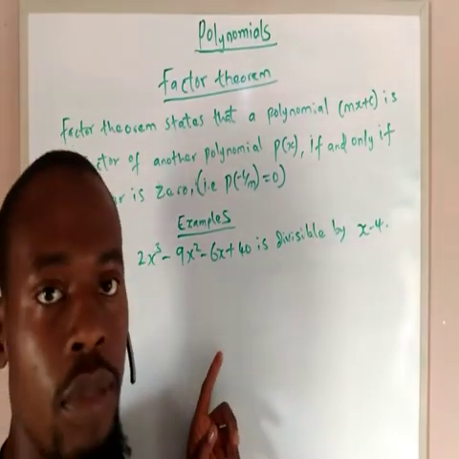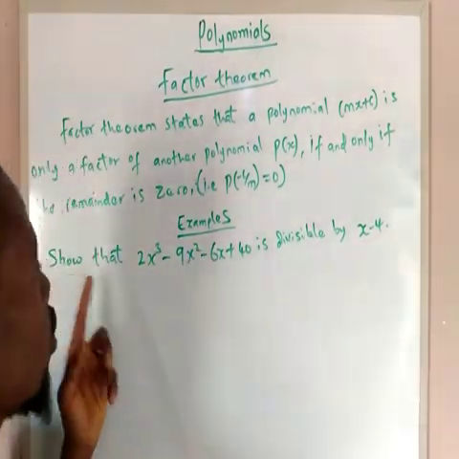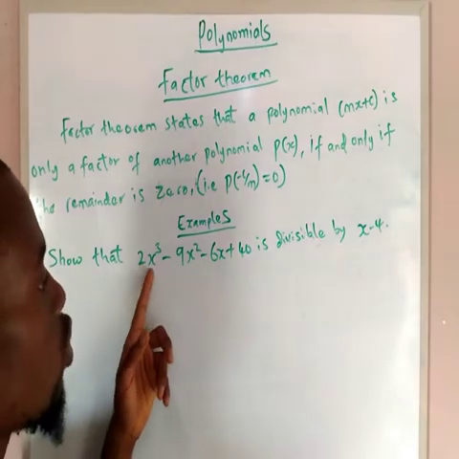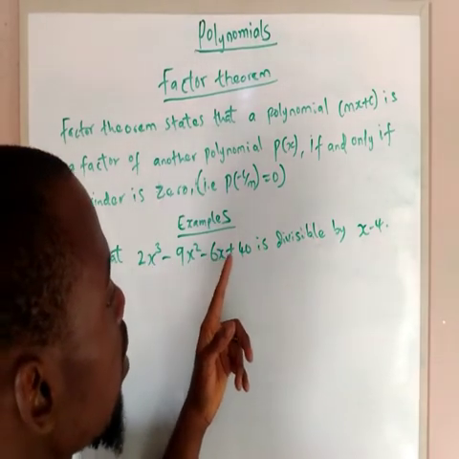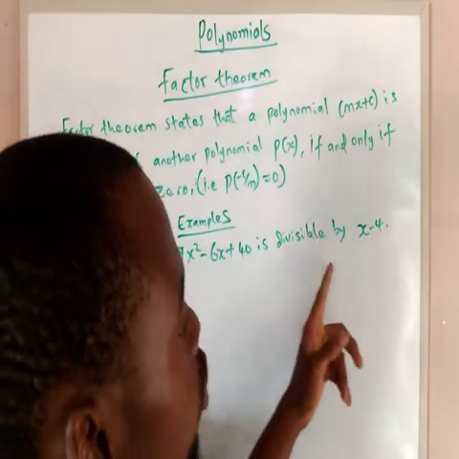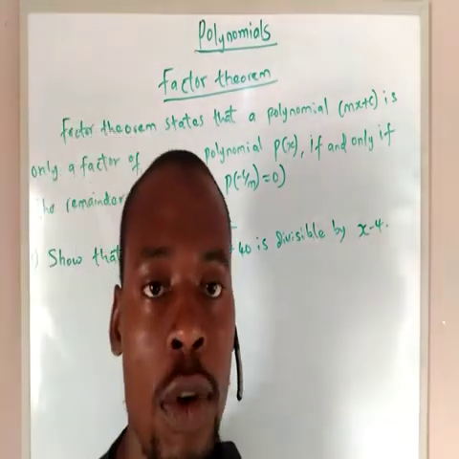Here are some examples. The first question says, show that 2x cubed minus 9x squared minus 6x plus 40 is divisible by x minus 4.